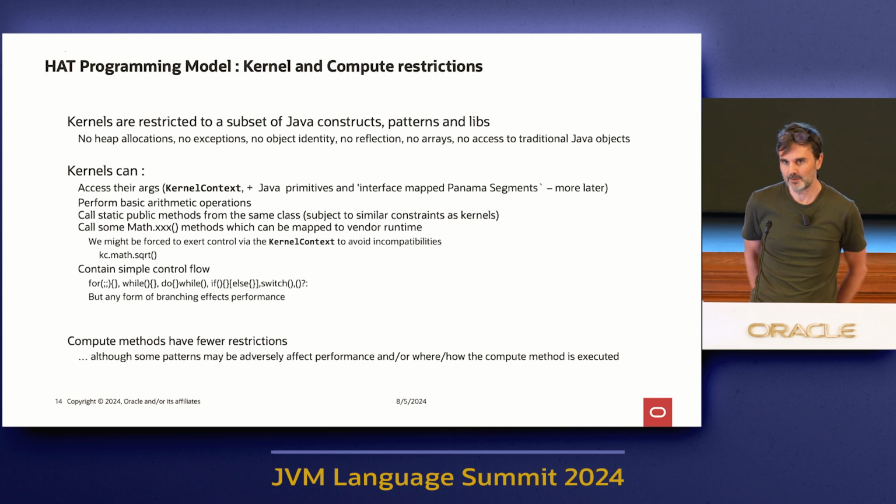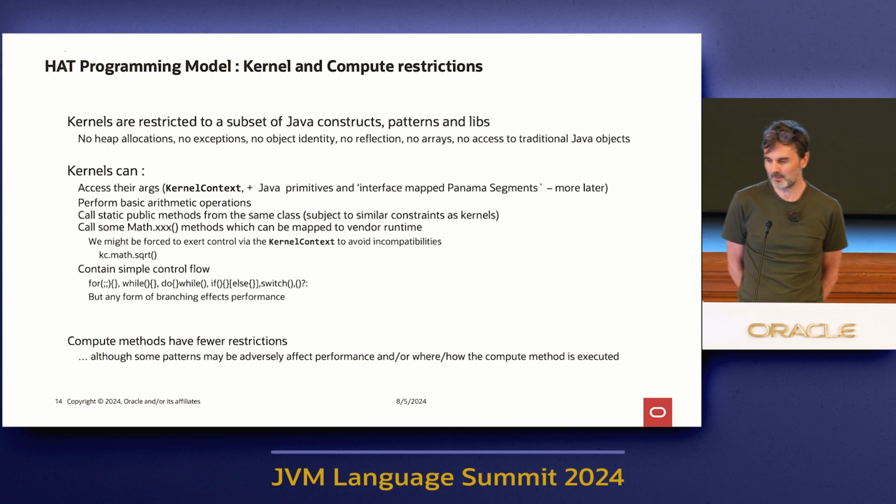So this gets to the point of Brian's question to Steve as well, that there are restrictions on what you can do in kernels. We're still working out what those restrictions might be, but it's kind of like coding in a C-like way in some respects. You can't allocate on the heap because there's no heap on the GPU. We're not emulating the Java runtime on the GPU here.